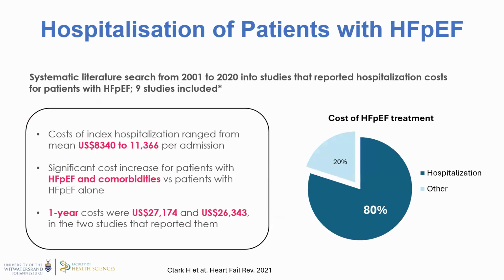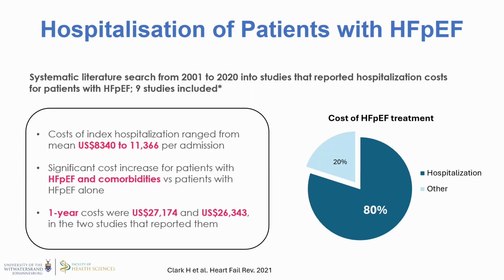Okay, so hospitalization accounts for around 80% of the total costs of heart failure with preserved ejection fraction, which is why, if you check most studies on heart failure, their primary outcome endpoint is usually mortality and decreased hospitalization because of this very high cost. So this is a systematic literature search from 2001 to 2020 of studies that reported hospitalization costs.